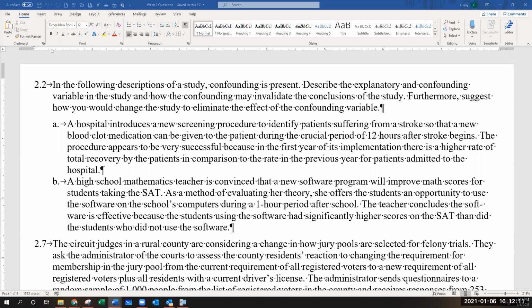Okay. So my proposed change was actually to compare the status of patients receiving the treatment within the 12-hour window to patients who received the treatment after the 12-hour mark, but maybe that's actually not the study. Right, it's not.